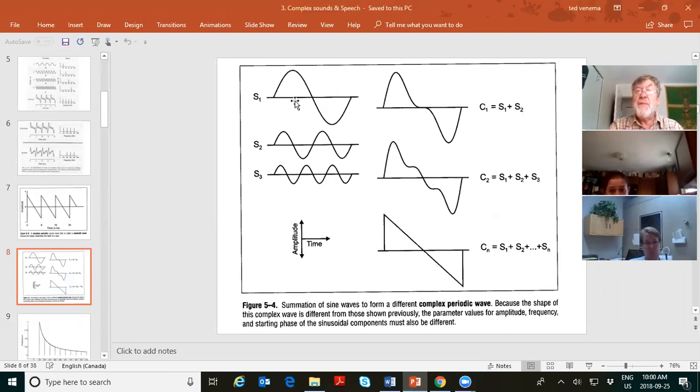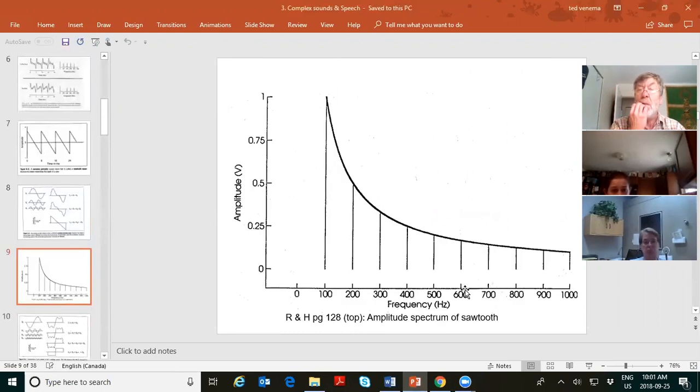In other words, you keep adding in a certain way and keep reducing the amplitude according to a certain rule, and your wave is going to look more and more like a sawtooth. You keep going, it's really going to look like a sawtooth. And here's the rule. If you had the fundamental frequency here and you added harmonics that dropped off at this rate, that would be the rule for making a sawtooth wave.